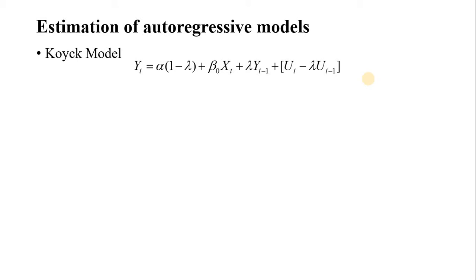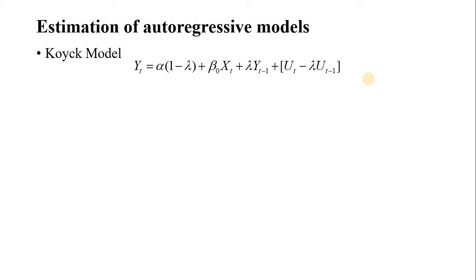The current value of yt depends on, look at this intercept, we have more than one parameter in the intercept. Alpha(1 minus lambda), so alpha and lambda are the two parameters.